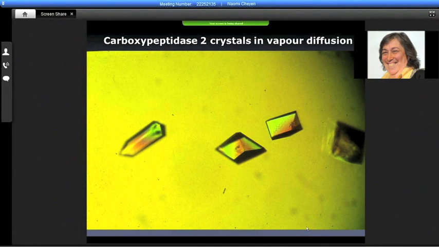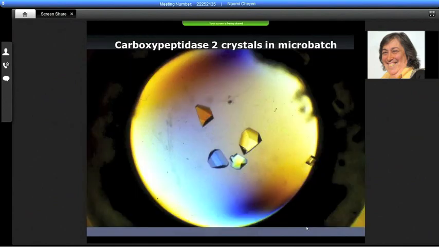You got the crystals, they were reproducible, but they were disappearing. And then we put the same trials under microbatch under oil, and the crystals were stable. The crystals could come out, they diffracted, and this really saved the day.